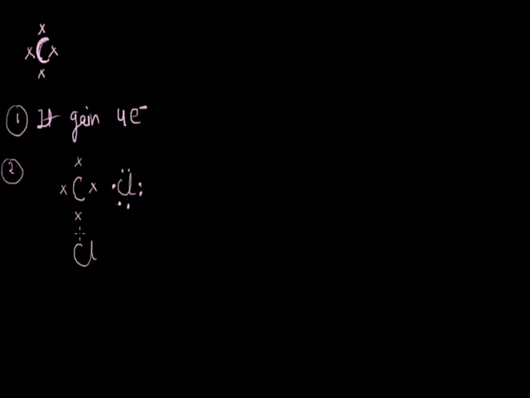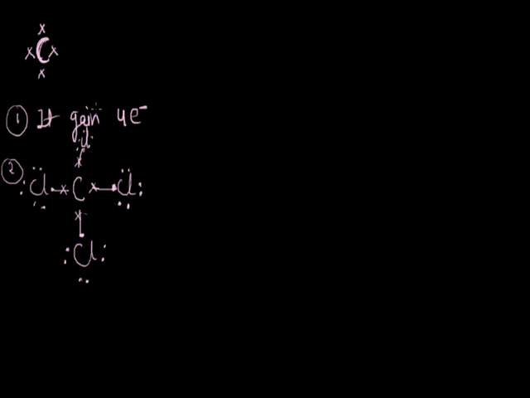Again here is Cl with 7 electrons, again Cl, and one more Cl, each with 7 electrons. For stability, carbon shares 1 electron with this Cl, the next electron with this Cl, the third with this one, and the fourth with the last one.